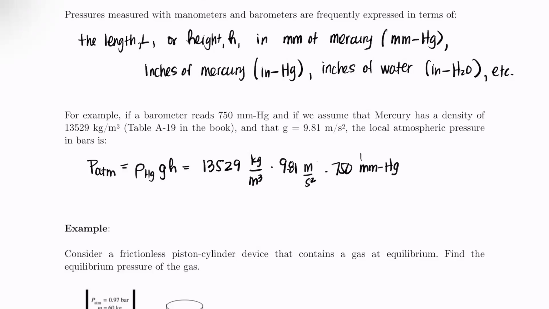This is just millimeters, right? We've already included the information about mercury in our density. So that's how that gets factored in here.